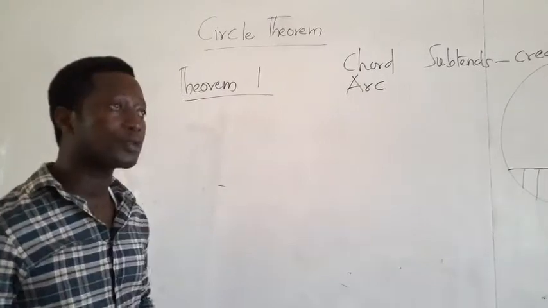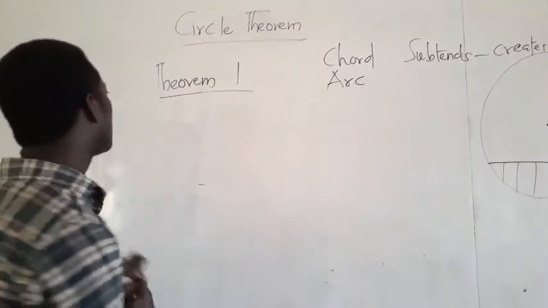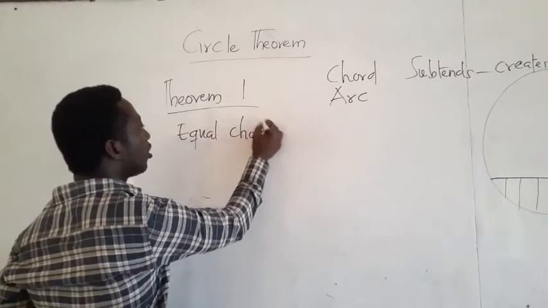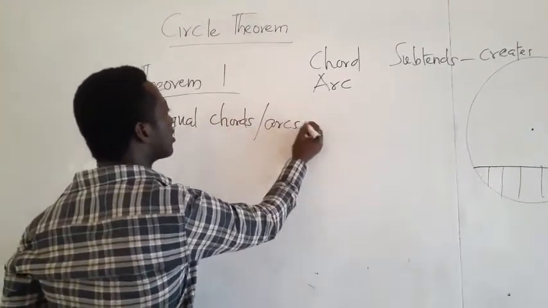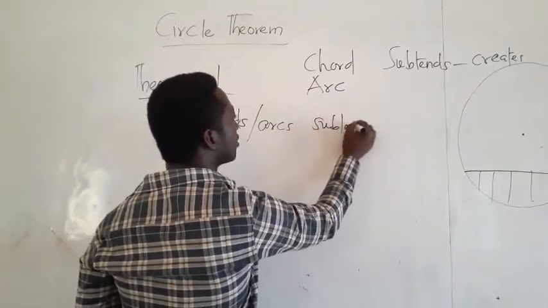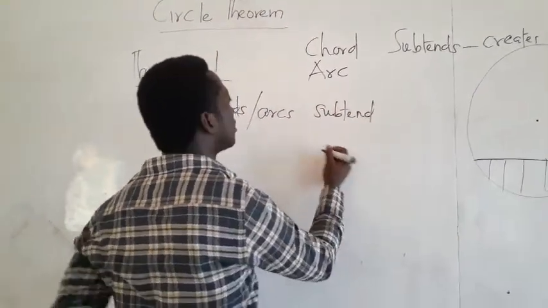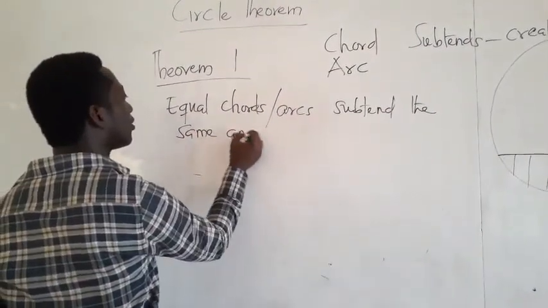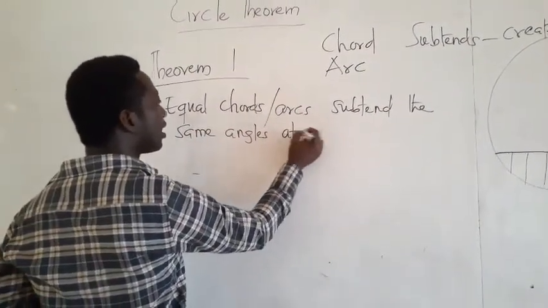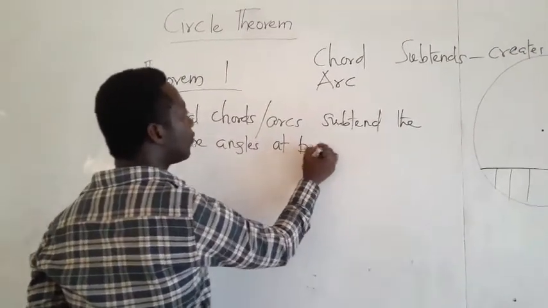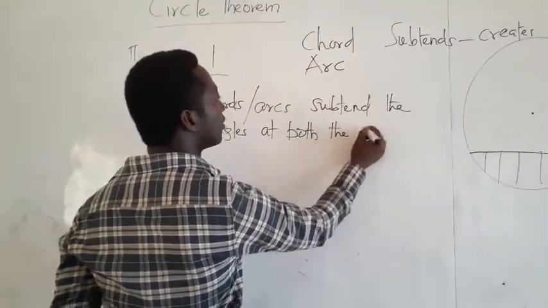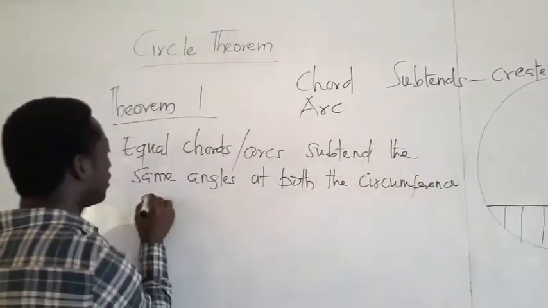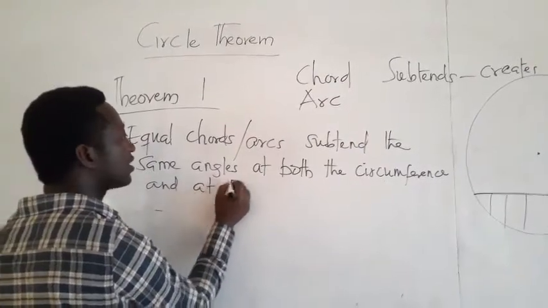If you have equal chords, so this theorem 1 is: equal chords or arcs subtend the same angles at both the circumference and at the center of the circle.